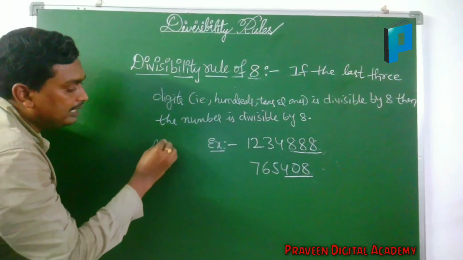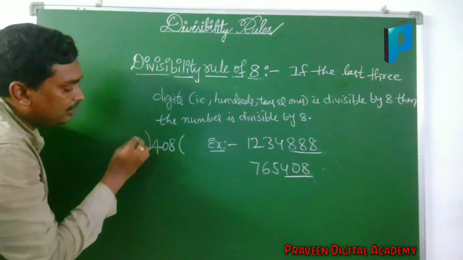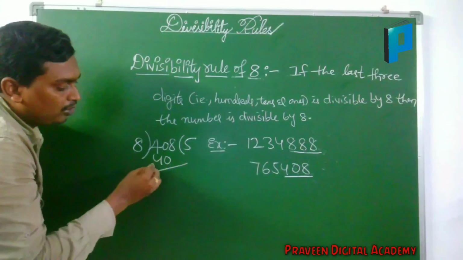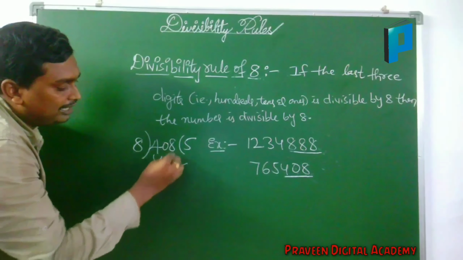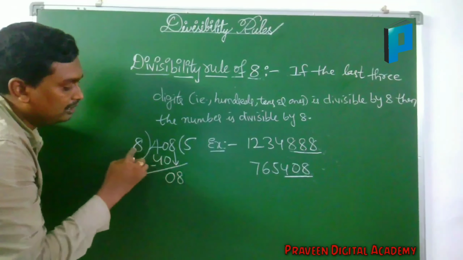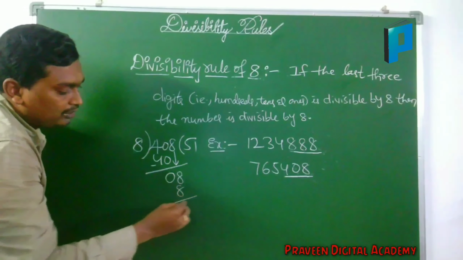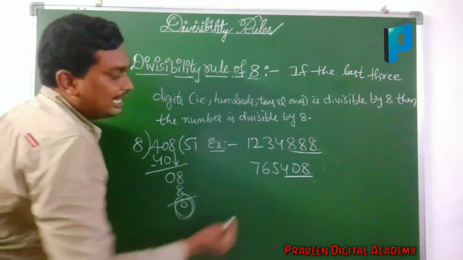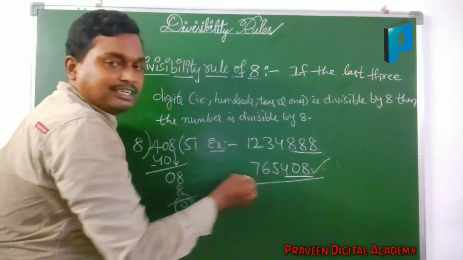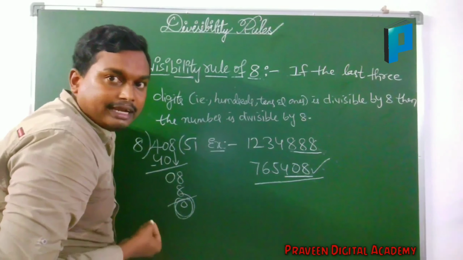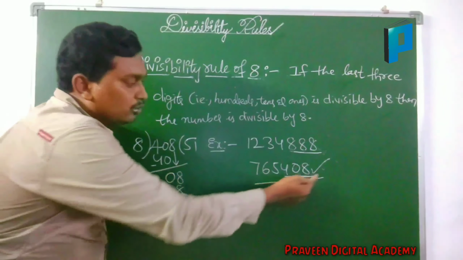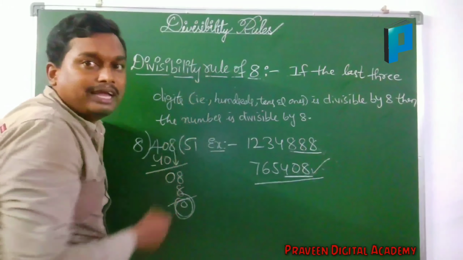Here 8 5s are 40 we got here. After doing minus, we will get 0 here and you borrow this one here. 8 ones are 8. What is the remainder we got here? 0 is the remainder. So you can say that this total number is divisible by 8. Why? Because 408 is divisible by 8. So the total number is also divisible by 8.